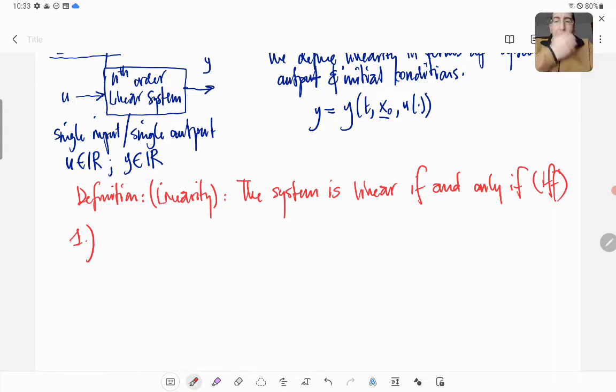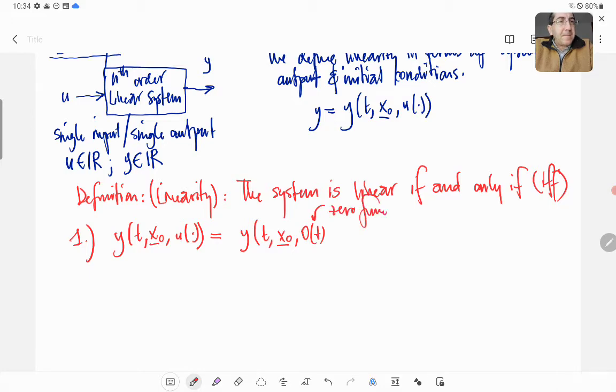First of all, if we want to write the output, which I defined above, it has to be the additive combination of two components. One in which the input is 0, but there is an initial condition, and another one where the initial condition is 0, but you have an input. So basically you have y(t, x0, 0), where 0 is a zero function, plus another component where you have 0 as the initial condition, which is again a vector, but you have a non-zero input.